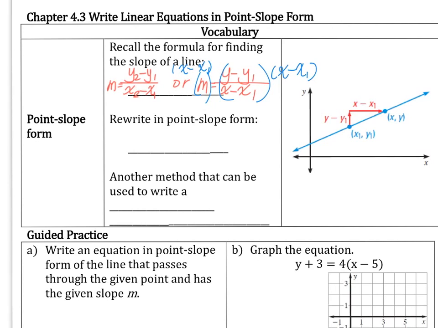So we can cancel this out, and I'm going to rewrite the point-slope form down here. y minus y1 equals m times x minus x1. This is just another method that can be used to write a linear equation, or in other words, linear function.